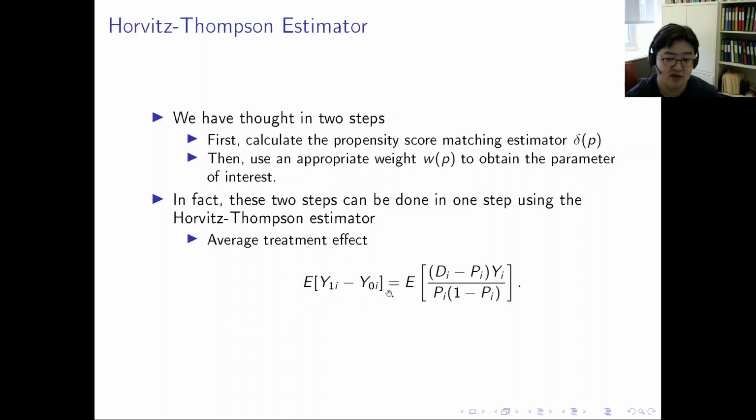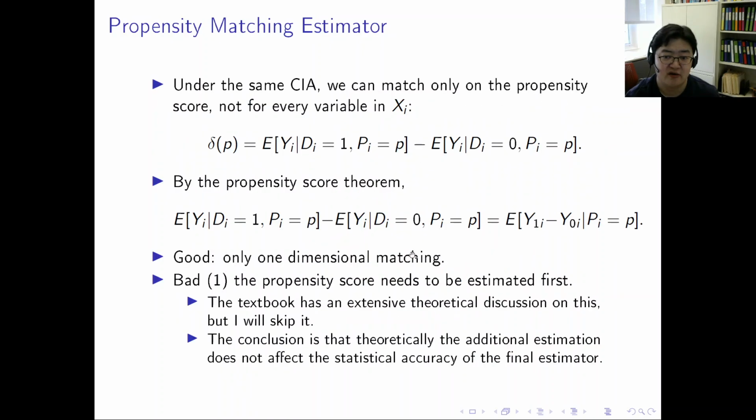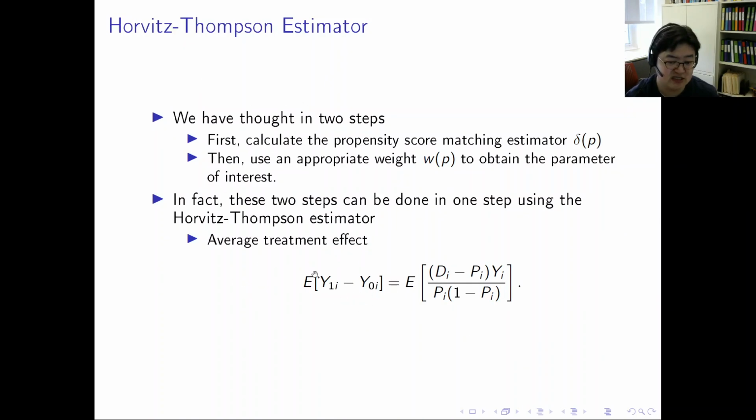Anyhow, in the end, you don't need the propensity score itself, but you need this parameter. Then this is an easier, more efficient way to utilize the same propensity score. This is a very interesting and clever way to estimate the average treatment effect.